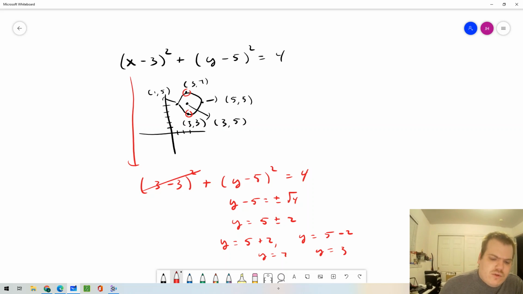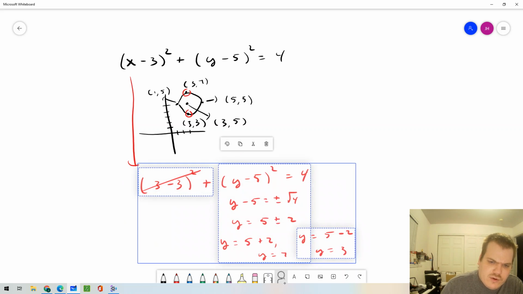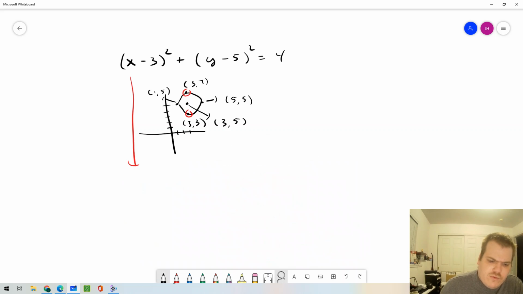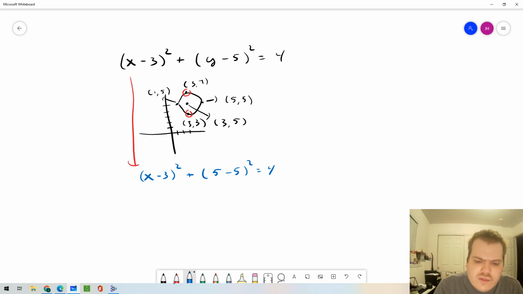And a very similar thing happens when I put in 5 for the y to zero out the y term. So if I put in 5 for the y, you're going to have x minus 3 quantity squared plus 5 minus 5 squared is equal to 4. Well, this is going to be 0.